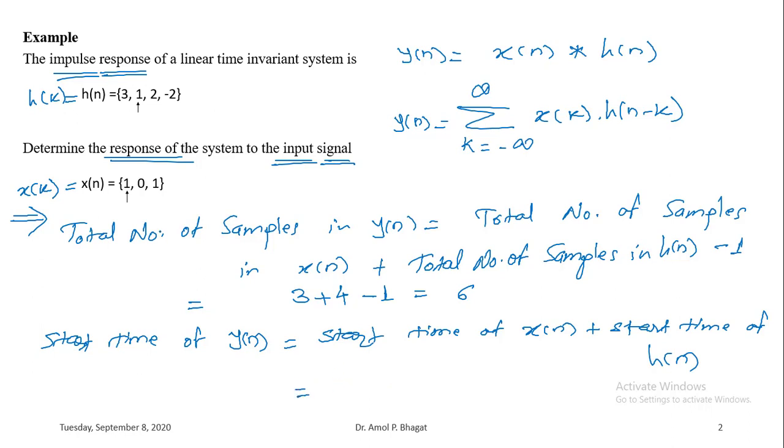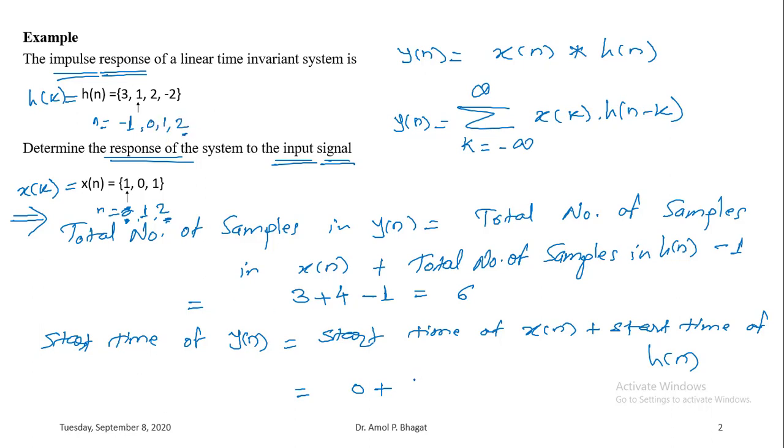So x of n is starting at 0. In x of n, n is varying as 0, 1, 2, so it starts at 0 and ends at 2. The sequence h of n starts at minus 1 and ends at 2.